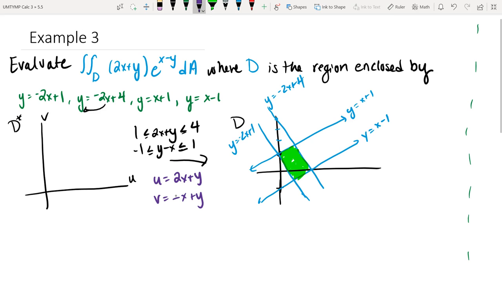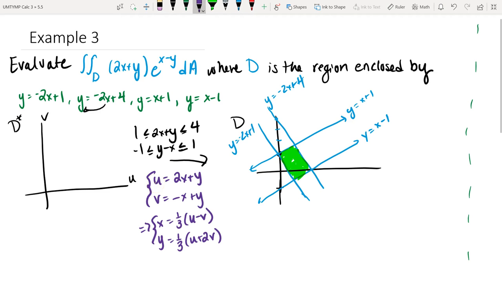So that's one system, and I did the work off on a different piece of scratch paper, but if you solve for x and y, what I got for x is 1/3 of u minus v, and then y is 1/3 of u plus 2v.